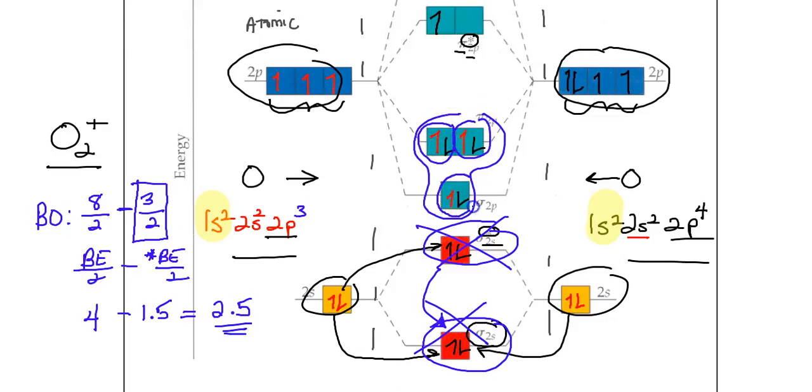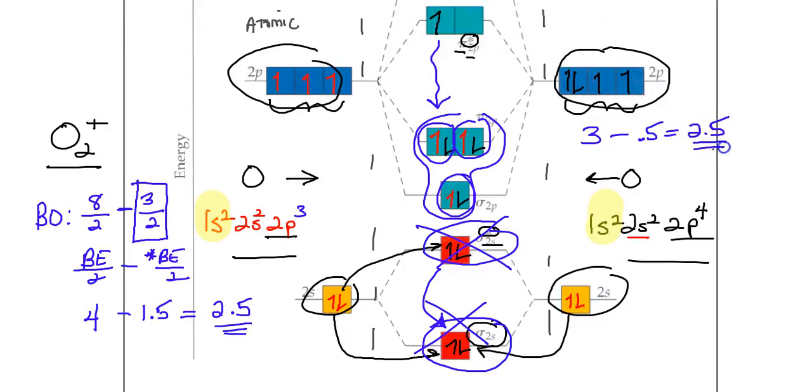There are 3 bonding orbitals filled, so it's 3 bonds. And then what am I doing? I'm subtracting half a bond, right? Half of a filled antibonding orbital will take away one of these electrons, so we're going to destabilize half of a bond. So that starts out with 3, and then I'm subtracting 0.5 of a bond, and that gives me my 2.5 as well.